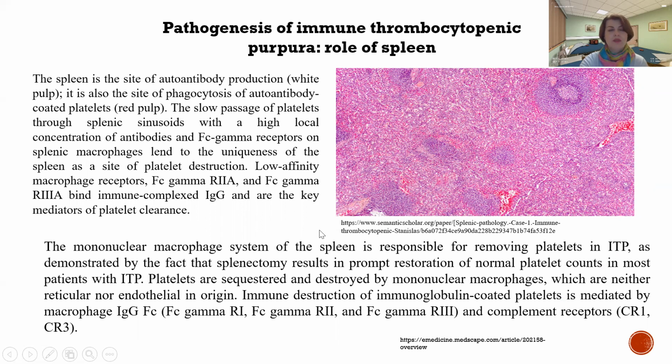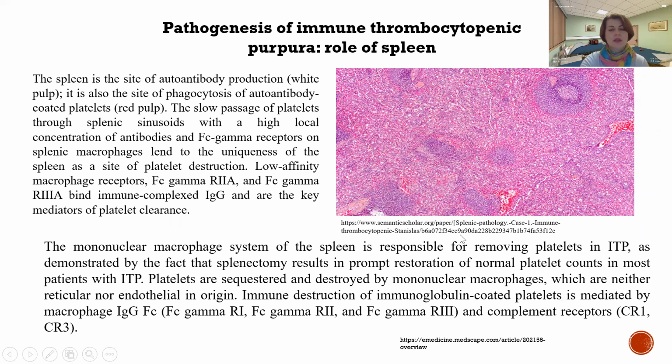Low affinity macrophage receptors bind immune complexes, immunoglobulin G, and are the key mediators of the platelet clearance. The mononuclear macrophage system of the spleen is responsible for removing platelets in patients with immune thrombocytopenic purpura, as demonstrated by the fact that splenectomy results in prompt restoration of the normal platelet counts in most patients with this disorder.